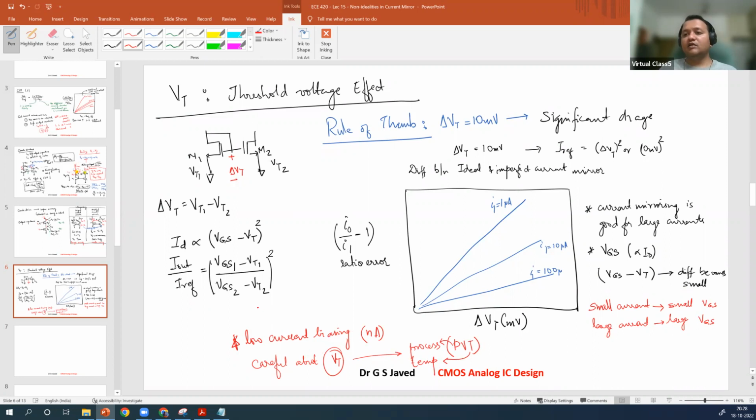And this comes into the picture when you're doing sub-threshold circuit operation. You will see that a lot of applications demand sub-threshold circuit operation. In these cases, where your VT is getting impacted both by process and temperature, you have to be careful about how the threshold voltage can impact your operation.